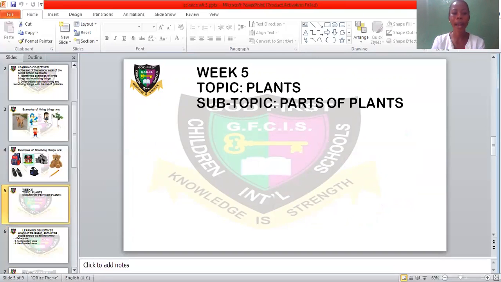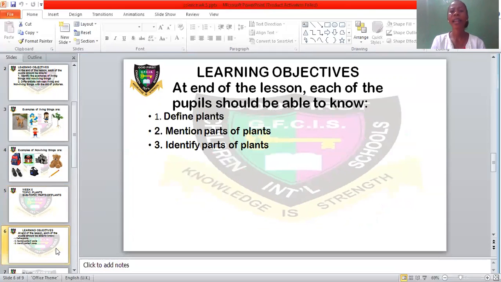And the learning objectives: at the end of the lesson, each of the pupils should be able to define plants, mention parts of plants, and identify parts of plants. I say it again. Define plants. Mention parts of plants. Identify parts of plants.